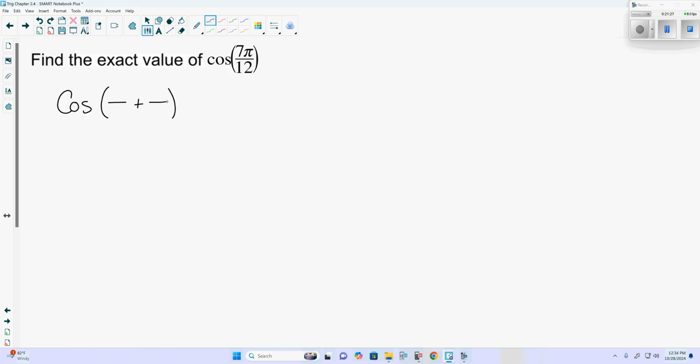Cosine of 7 pi over 12. I've actually already had this one put up there. Pi over 4 plus pi over 3 will add together to give us 7 pi over 12. So I feel like pi over 2 minus pi over 6.